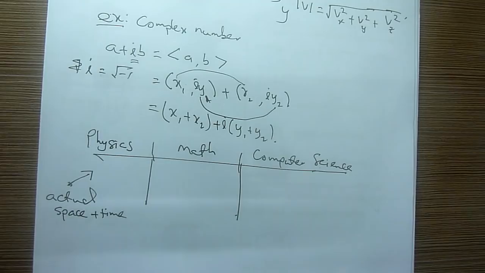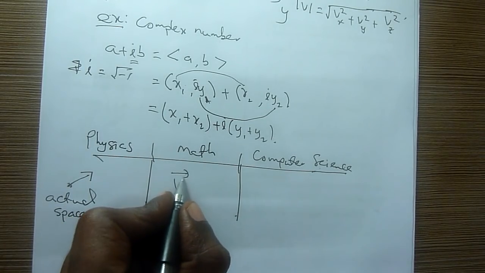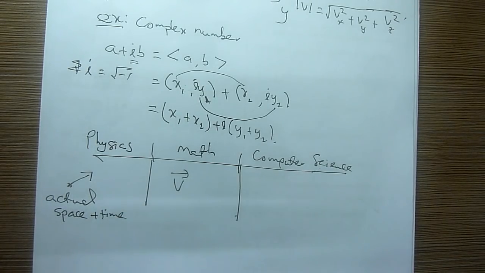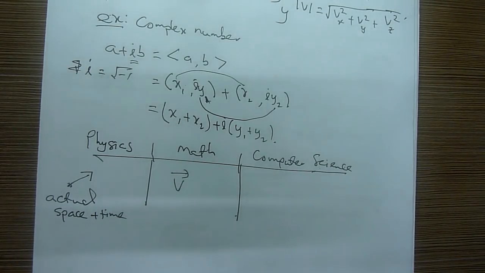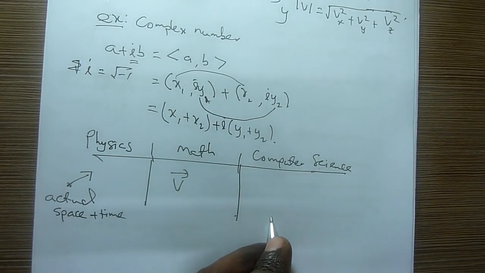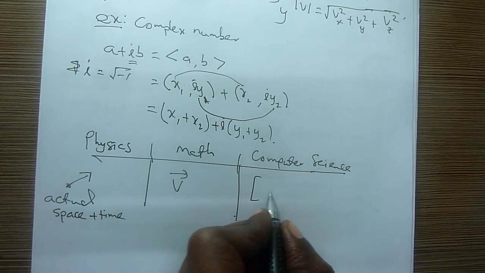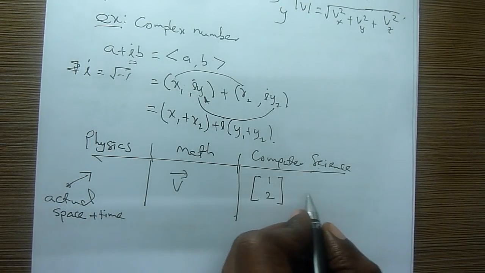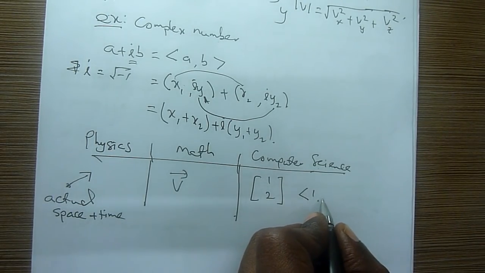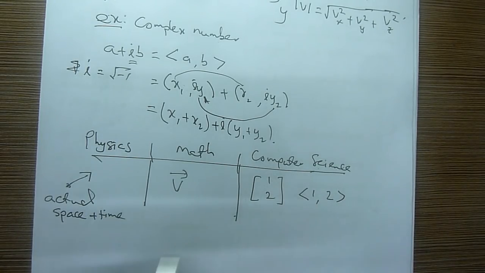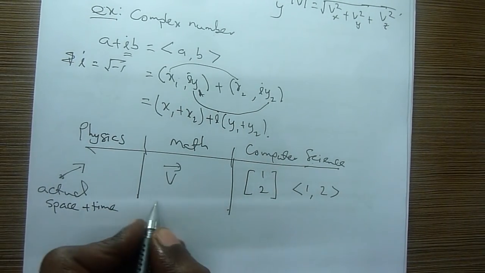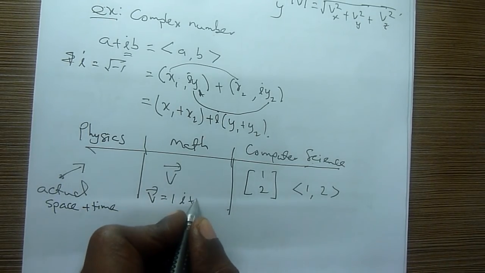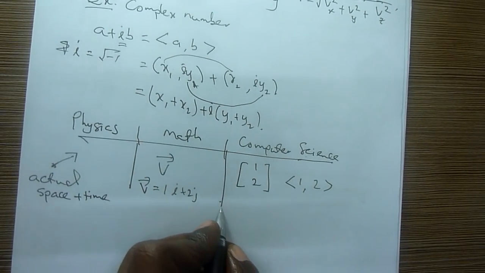Now, in mathematics, we refer to the vector as V with an arrow on top, and in computer science, they learn the vector using a matrix. This is a matrix reference, but you must remember that the matrix here refers to i by j, as we can see.